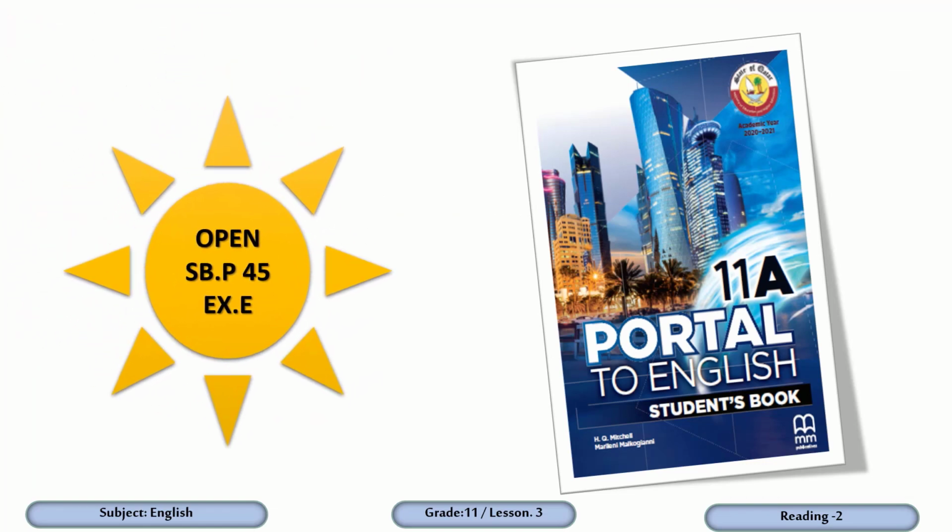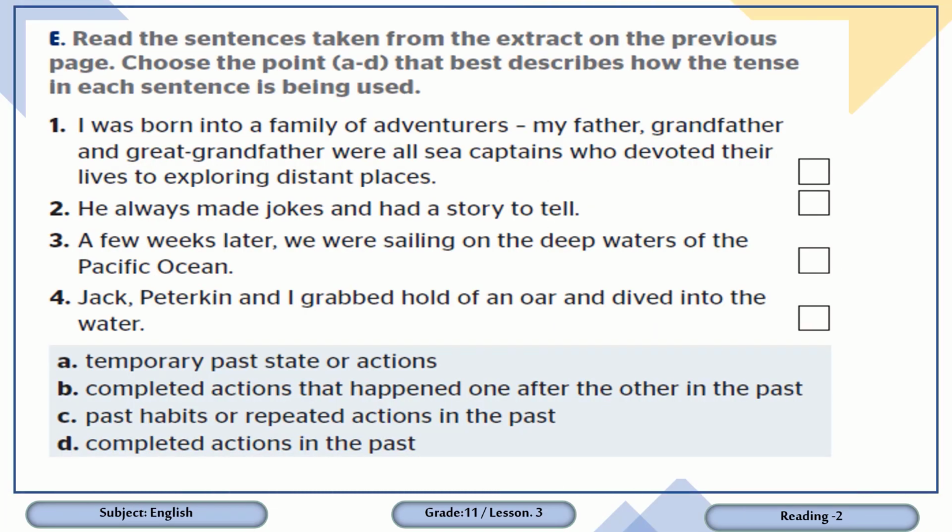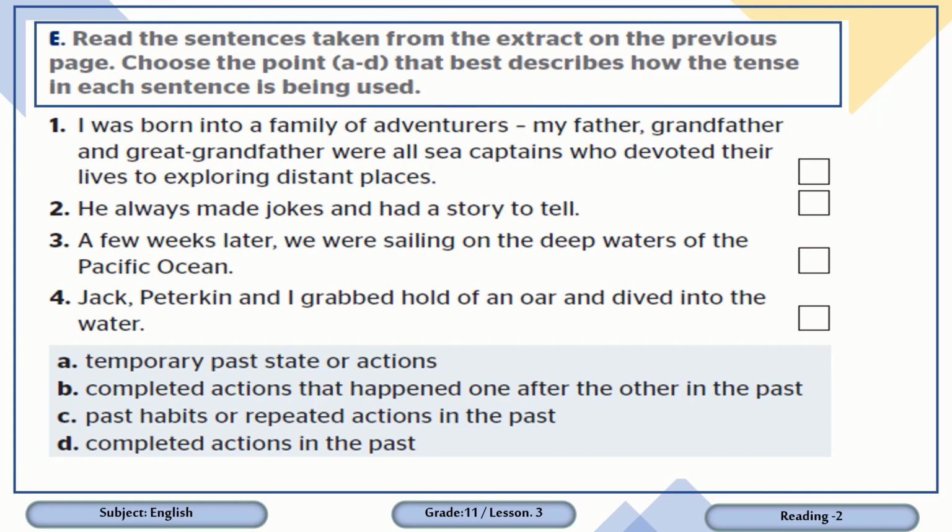Now open Student's Book, page 45, exercise E. Read the sentences taken from the extract on the previous page. Choose the point A to D that best describes how the tense in each sentence is being used. In other words, you need to read the sentences 1 to 4.